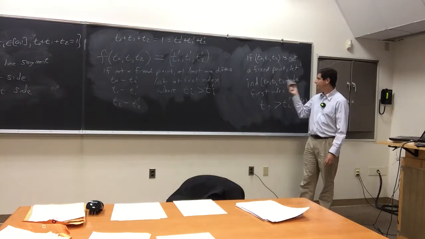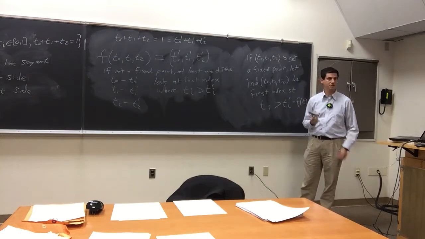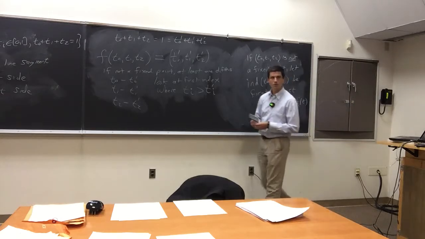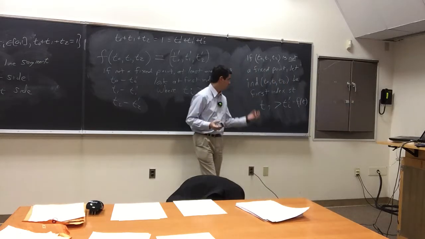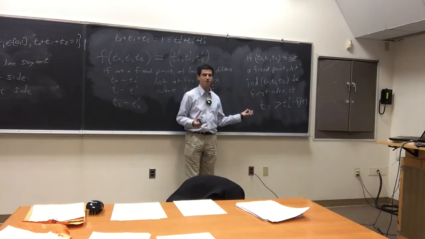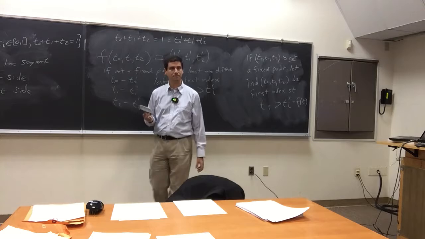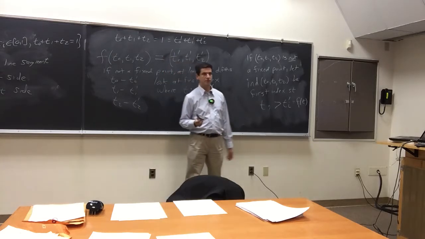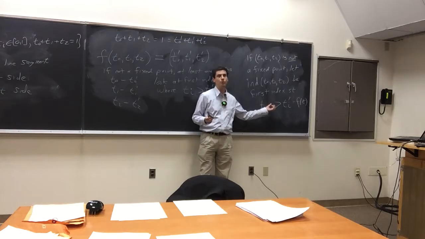But maybe if it's always the same index, that's the first. Okay? So the question is: is it actually possible to come up with a map such that it's always the first? Because let's say we always want i equals 1 to be the index, and we just want everything to be sent to 1.